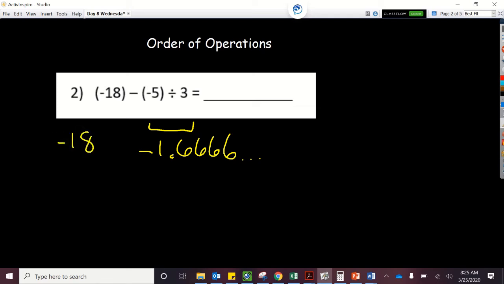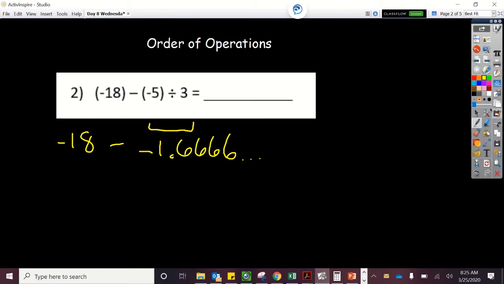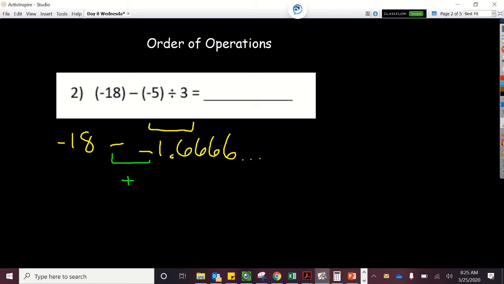Again, it was just because it was a negative number. So I have negative 18 minus negative 1.6 repeating. And the important thing here is that when I have two negatives, or if I'm subtracting a negative like I am right here, that is going to become addition. So subtracting a negative is the same as adding.